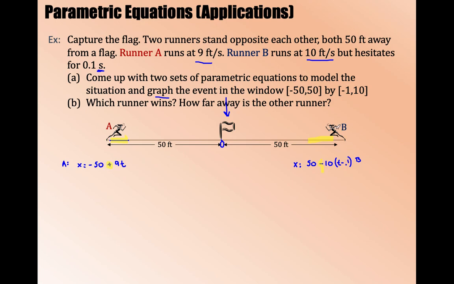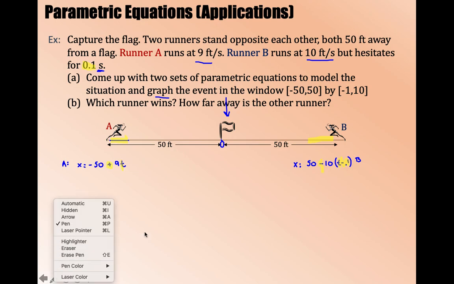And then I also had to account for the starting later, right? So the time that this runner started was always 0.1 slower than when this one started, right? So there's my two parametric equations.